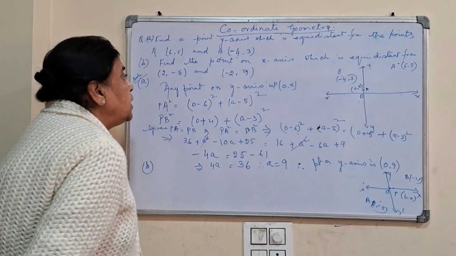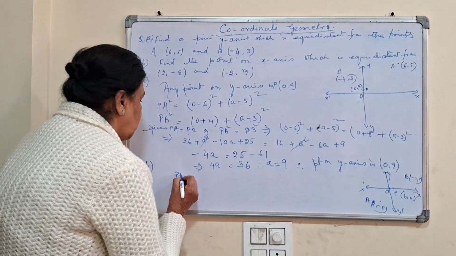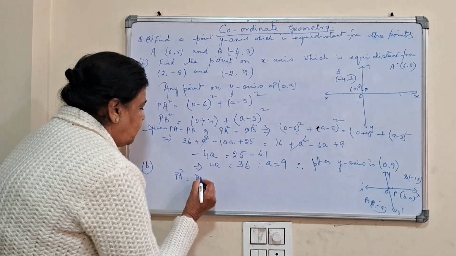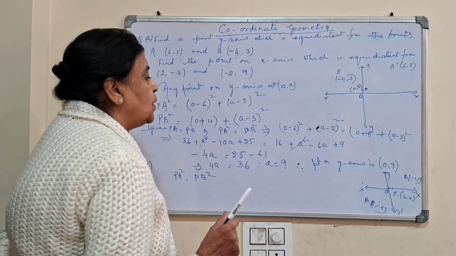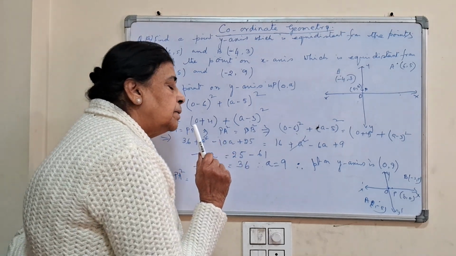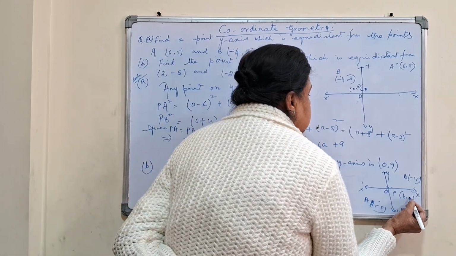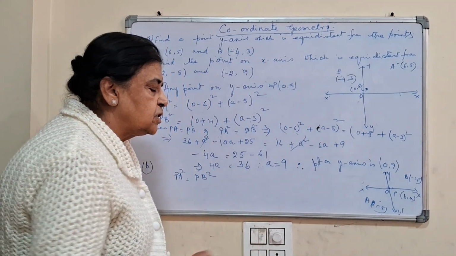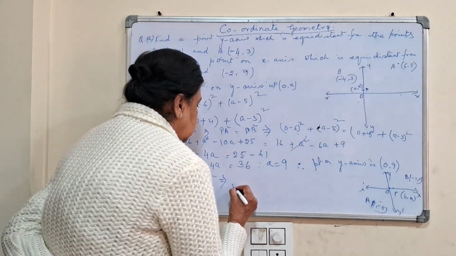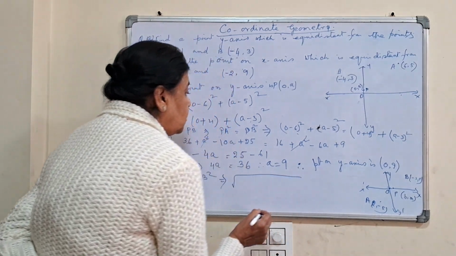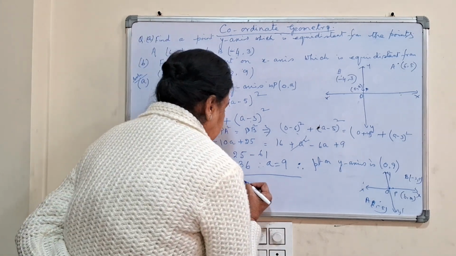According to the given condition, they have given you PA square is equal to PB square. Any point on the x-axis will be (b, 0), because on the x-axis y will be 0. I will just solve roughly and you will make it correct.